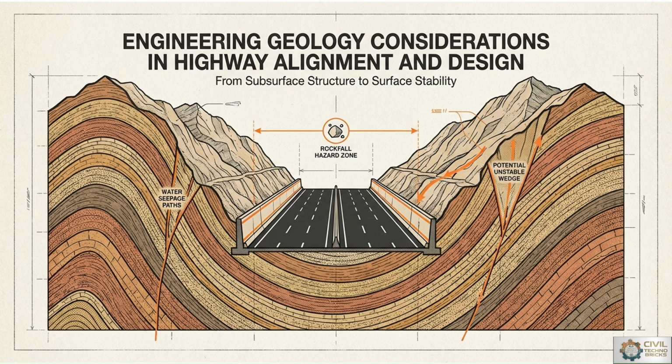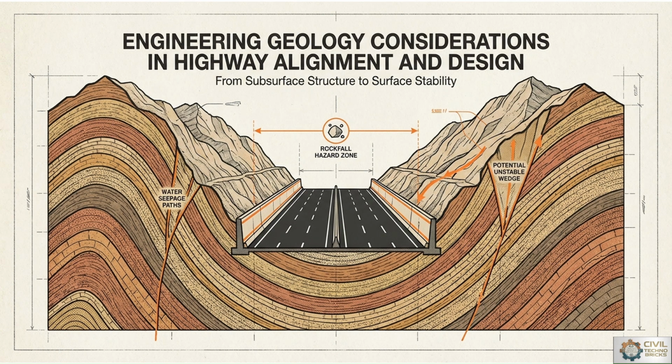There may be a subsurface investigation or there may be a surface investigation. So, from subsurface structure to surface stability, we have to work in engineering geology. Geological investigation helps identify suitable terrain, stable foundation conditions, and construction feasibility based on the availability of nearby rock surface or soil surface.